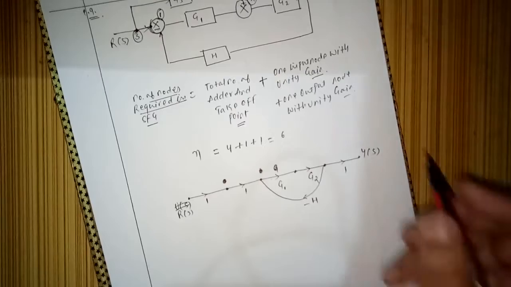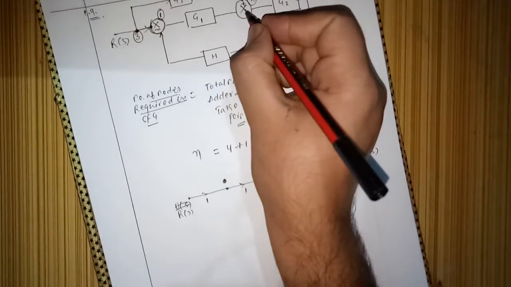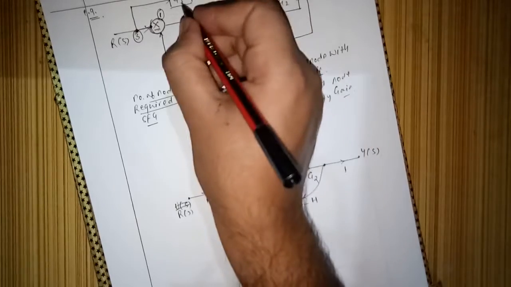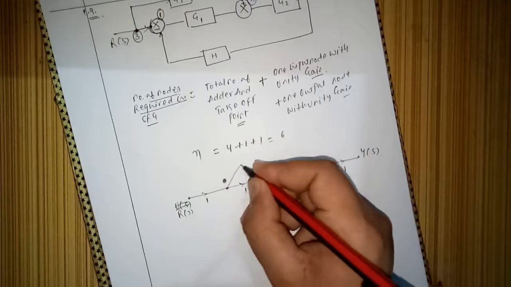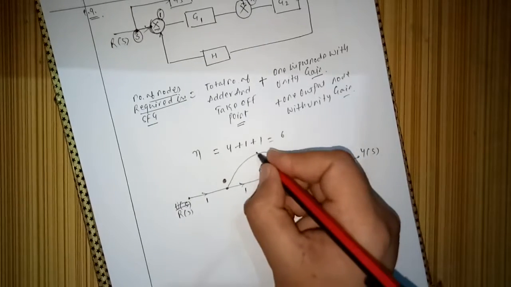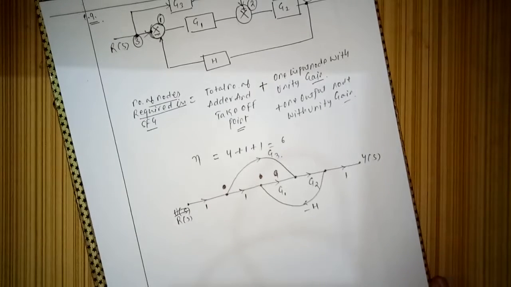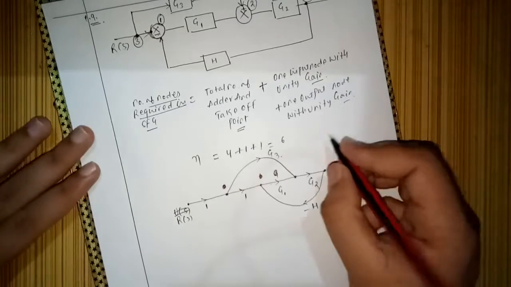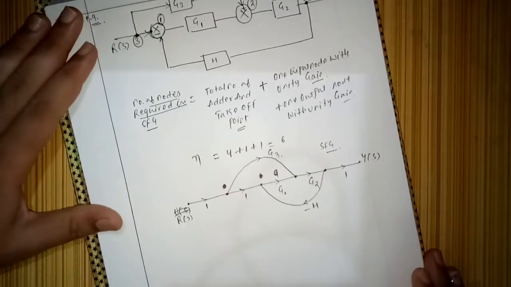Right, and from this first takeoff point to this last adder we have a gain of G3, so from this point to this point we have a gain of G3. Right, this constitutes our signal flow graph, the equivalent signal flow graph from this block diagram.